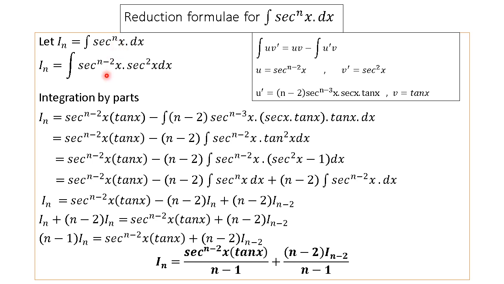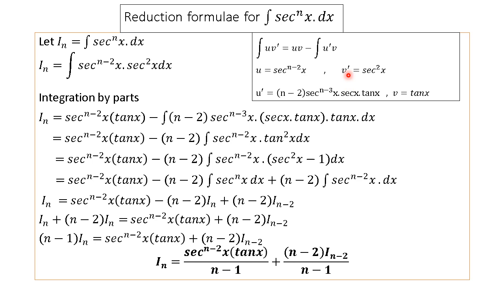Next, we have to integrate this by integration by parts. Here choose u is equal to secant to the power n minus 2 x and v dash as secant square x. As you all know, differentiation of u is u dash. Differentiating secant to the power n minus 2 x gives n minus 2 into secant to the power n minus 2 minus 1, that is n minus 3, into secant x, and the differentiation of secant x is secant x into tan x.